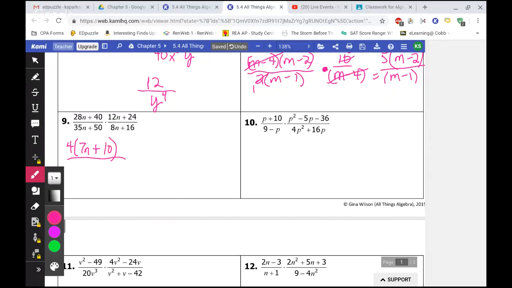Factoring the bottom, we can factor a 5 out, and that's going to give us 7n plus 10 on the bottom. Factoring the top, we can get a 12 out of 12n plus 24, and that's going to give us 12 times n plus 2. We can factor an 8 out of the denominator, and that will give us n plus 2.